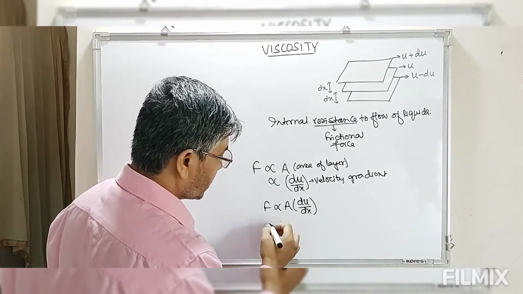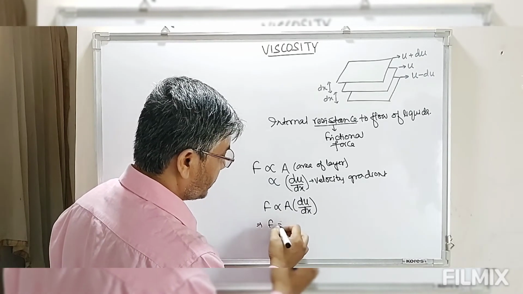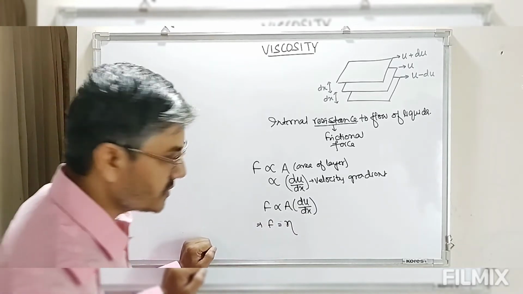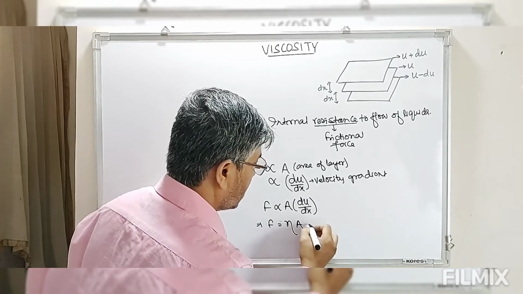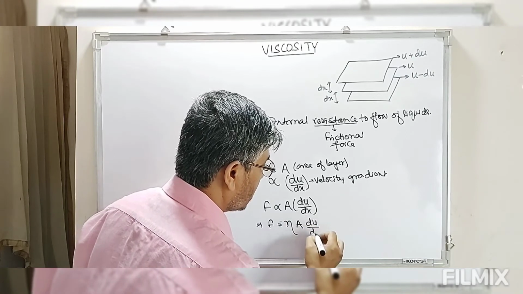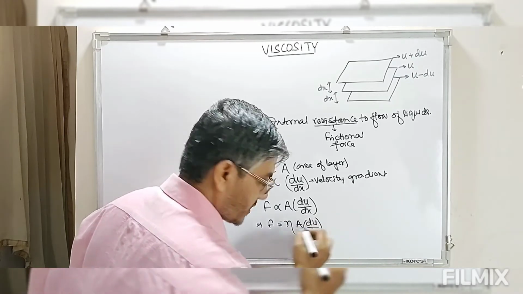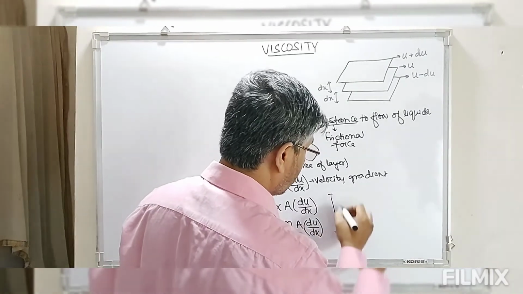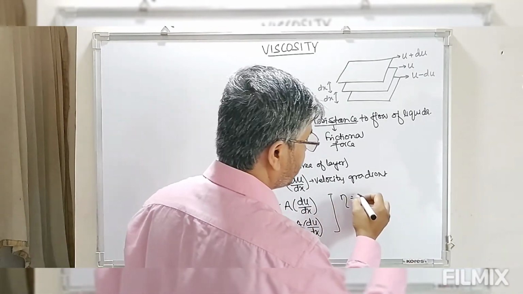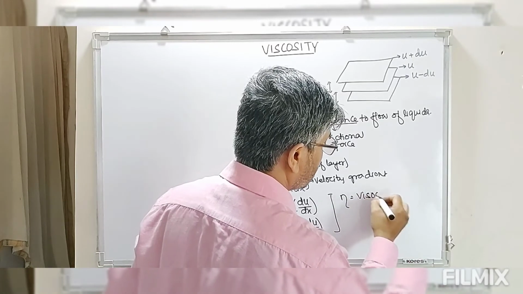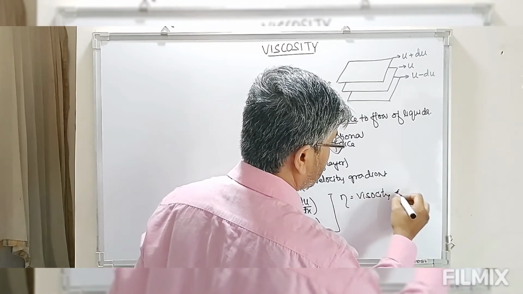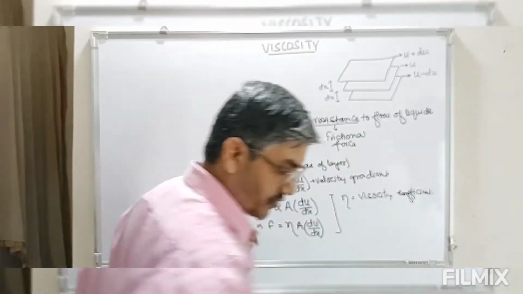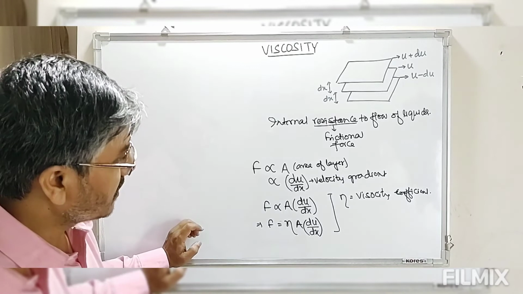So removing the proportionality, we get F = η A du/dx, where this η is known as the viscosity coefficient.